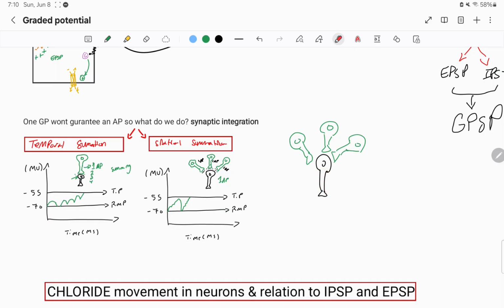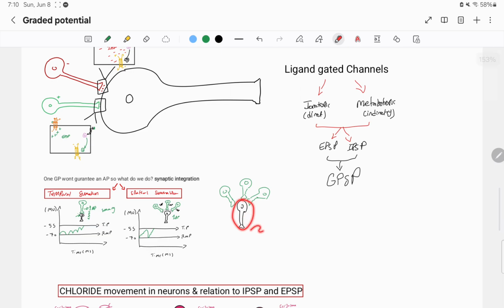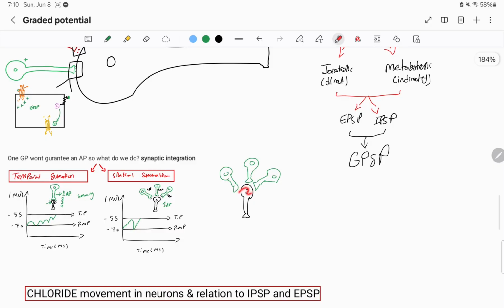And the integrated sum of all of that will determine whether I hit threshold potential, okay? If they all release stimulatory neurotransmitters, then we will hit threshold potential much faster because we will sum all of those EPSPs to one another, okay?